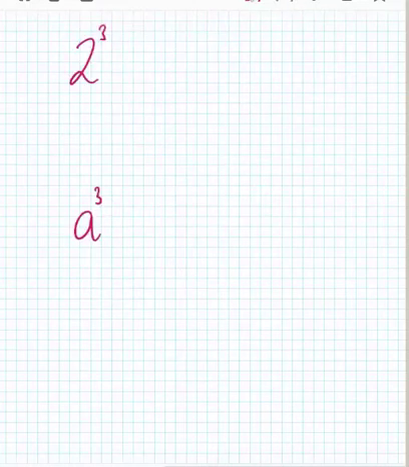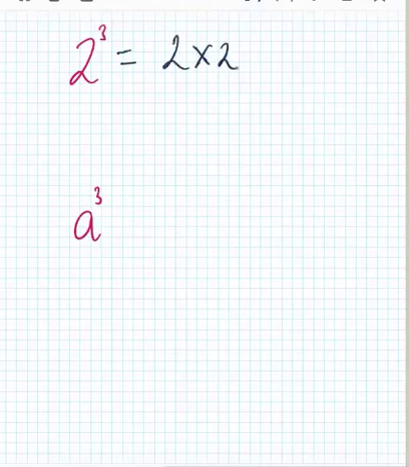Now, just quickly to recap, to understand what happens when we multiply the same bases or the same variables. If we have 2 to the power of 3, we know that is saying 2 times 2 times 2. And 2 times 2 is 4, and 4 times 2 is 8. Now, if I had, instead of 2 to the power of 3, or 2 cubed, A cubed, it is actually telling me the same thing.